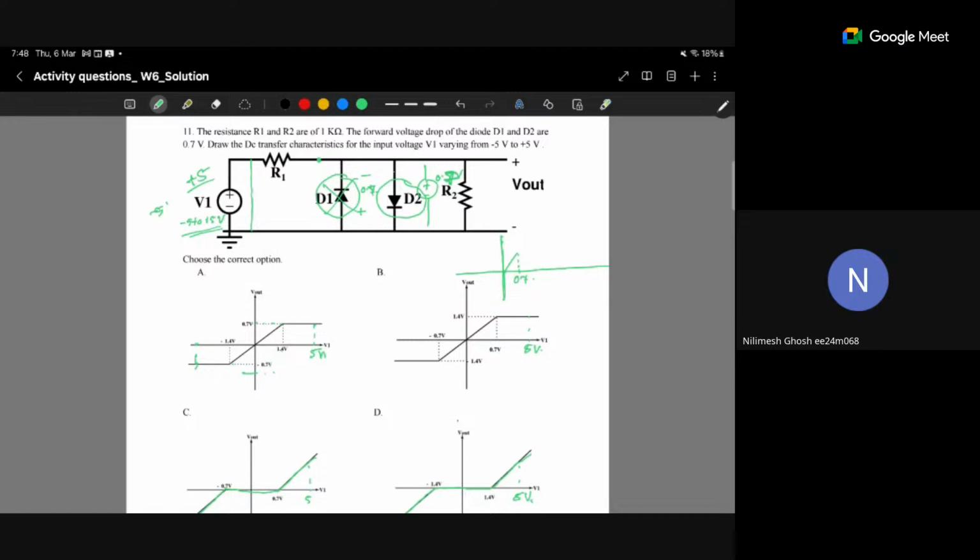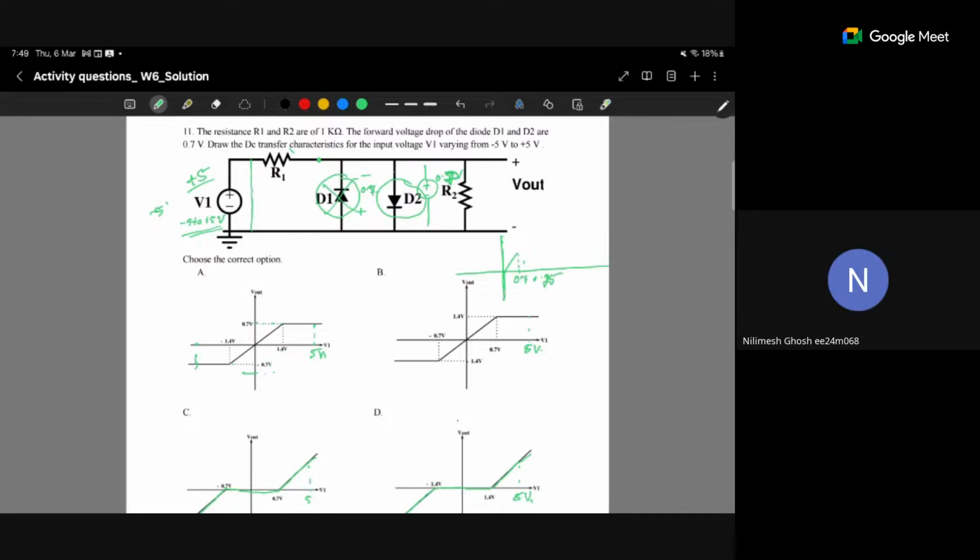At 0.7 volt it is just about to forward bias, but there is a drop here, so it will not forward bias at exactly 0.7 volt. After 0.7 volt, let's say 0.75 volt, this diode will get forward biased and the voltage will stay at 0.7 volt.